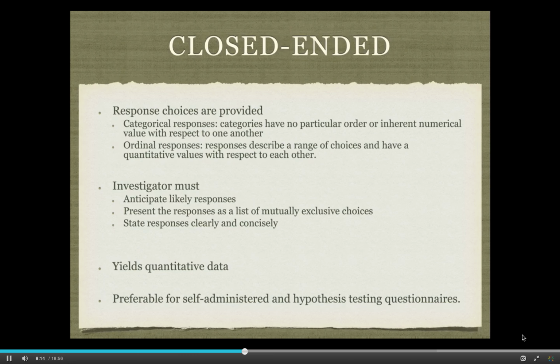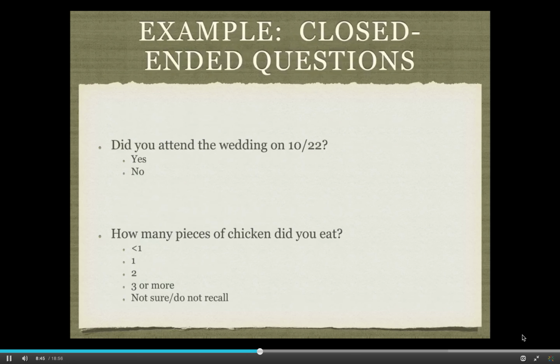However, there are times when there are unanticipated responses or options, and so it is usually best if an other option or other specified option is placed on that particular question if you believe that there are responses that you might not have considered. They usually yield quantitative data, preferably for self-administered and hypothesis testing questionnaires. However, they can be used in hypothesis generating questionnaires as well.